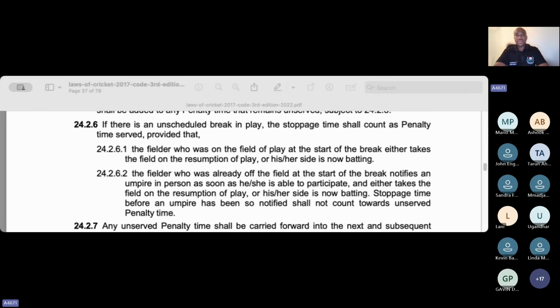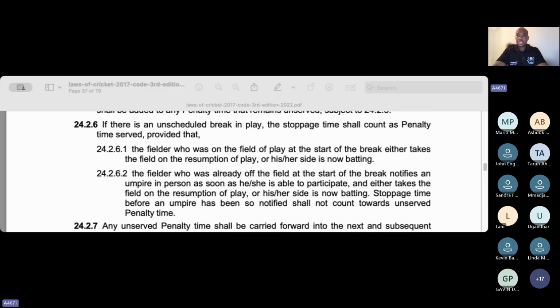It will not be carried over into a subsequent batting innings. The first time that a team is 5 wickets down, that is the end of a batter's penalty time. His or her penalty time is deemed to have been served in its entirety when 5 wickets fall in the first innings that he was serving penalty time.